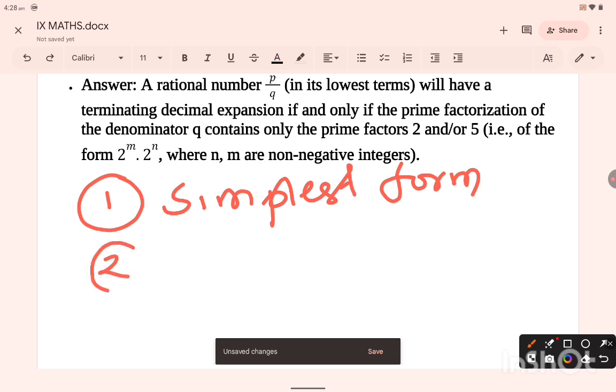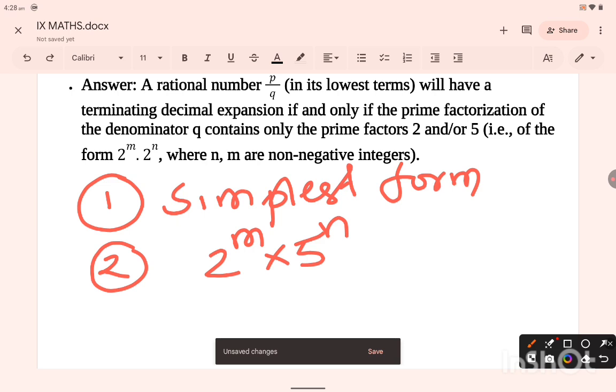Second one, the prime factorization of the denominator can be expressed in the form of 2 to the power of m into 5 to the power of n, where m, n are non-negative integers. When the given fraction satisfies these two conditions, then that fraction is a terminating decimal.